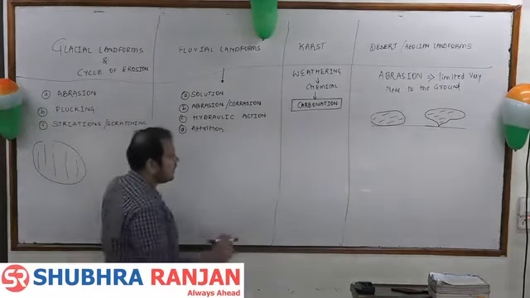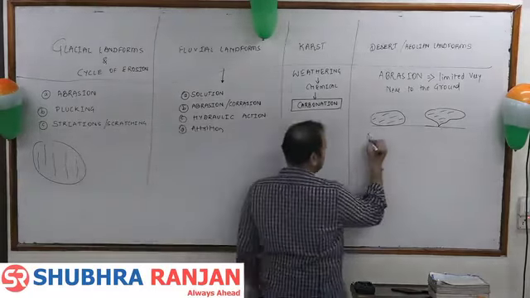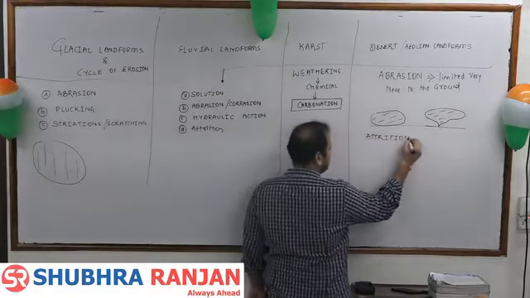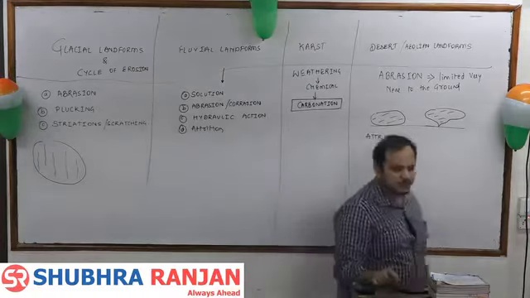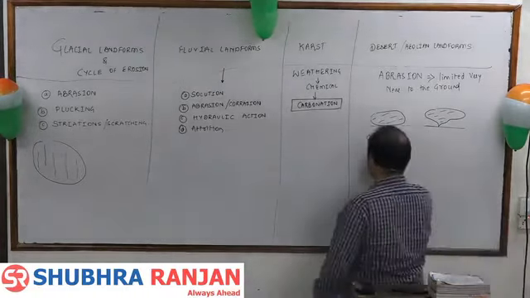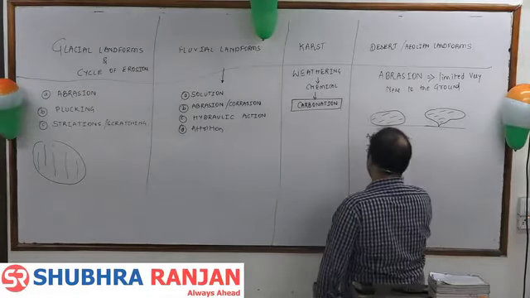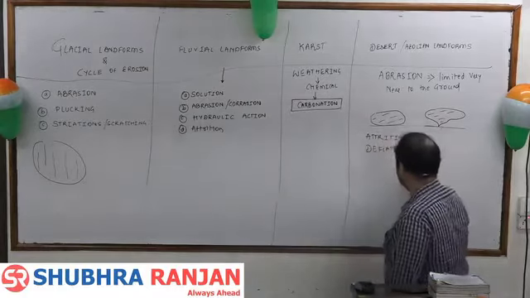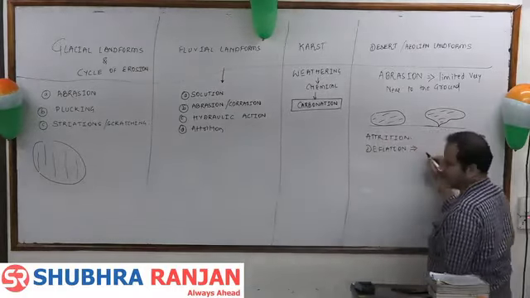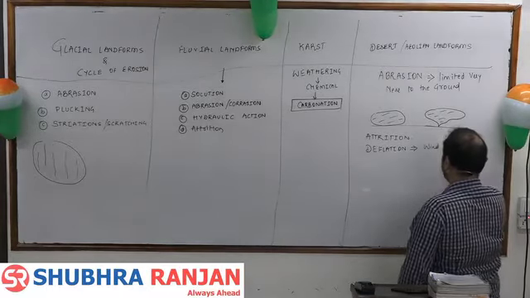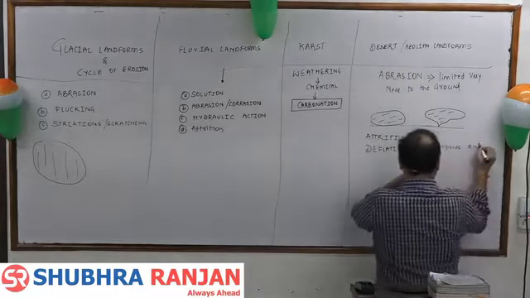Then the second way of weathering is attrition. That is, the particles in the sand will rub against themselves and they will become smaller and smaller. Fine. And the third way of weathering is deflation. Deflation is when the wind blows out sand particles.